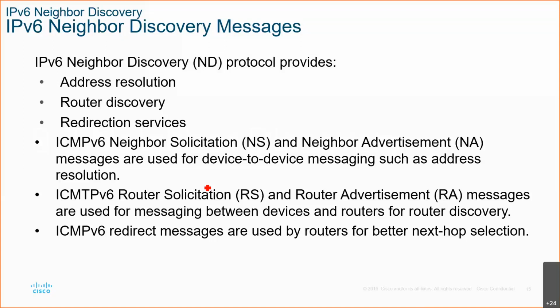Between routers, if you want to go from one router to another, ICMP version 6 redirect messages are used by routers for better next hop selections, for going from one machine to another, as far as your intermediary devices, I'm talking about routers, are concerned.